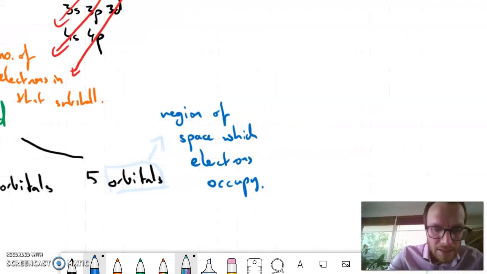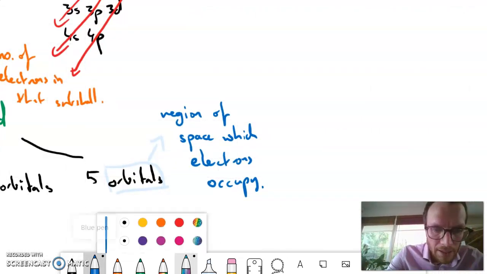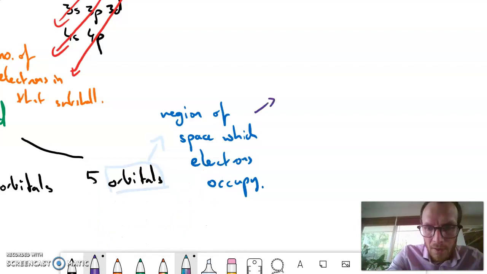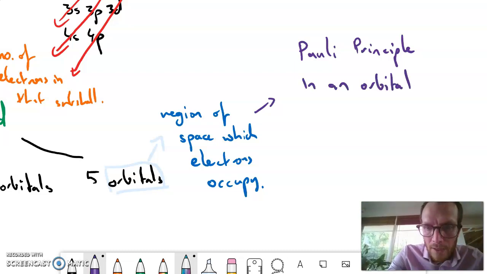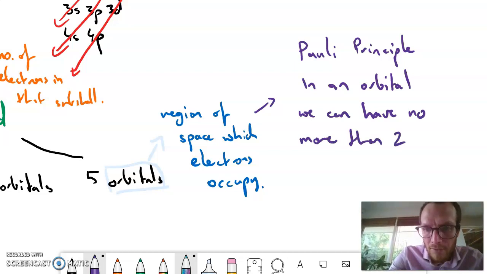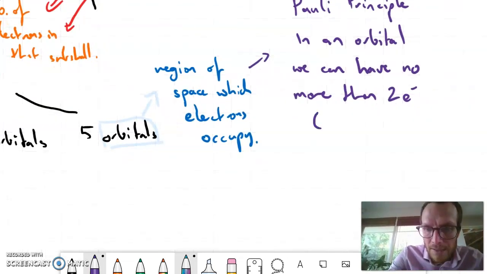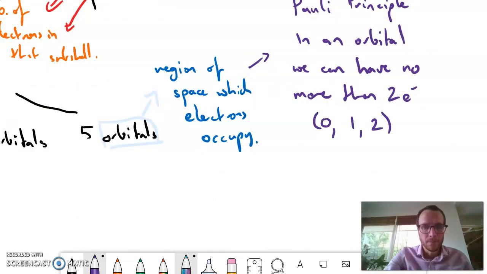So if we go back to this idea of what's called the Pauli exclusion principle, or the Pauli principle, it means that in an orbital we can have no more than 2 electrons. Right, so that means 0, 1, or 2 in any given orbital.